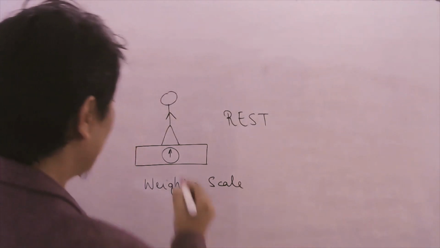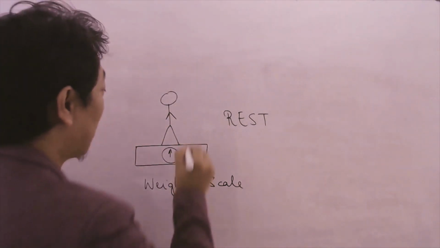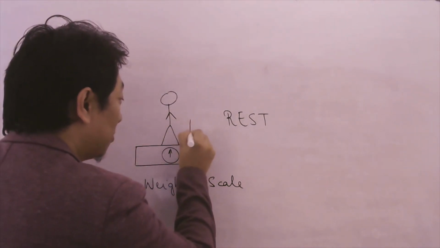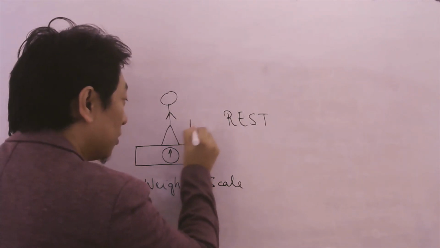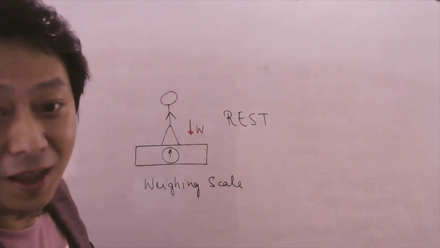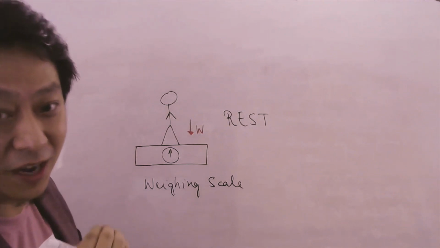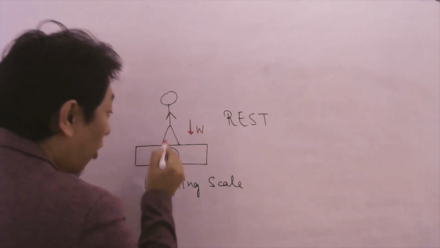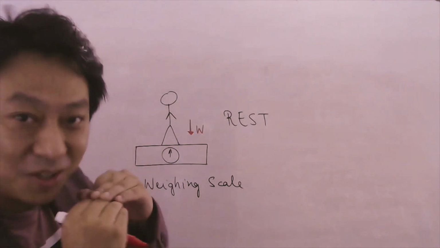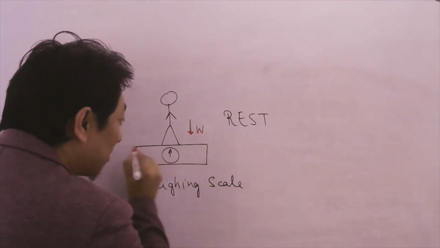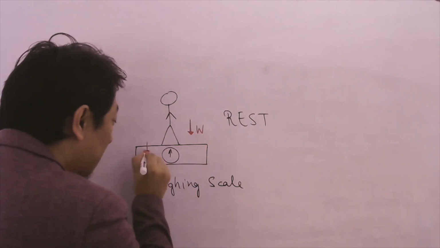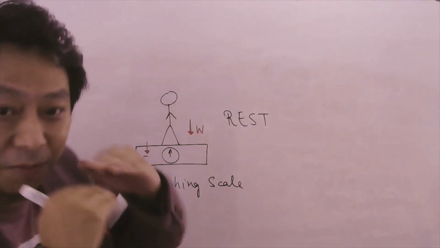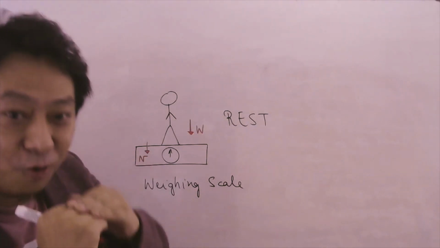So let us draw the two forces. One force is the gravitational force which acts downwards, which we call the weight, and the other is the pressing force, right? So your body, or I can say your shoes, are pressing the surface of the weighing scale downwards. Yes or no? So you are pressing the weighing scale downward.